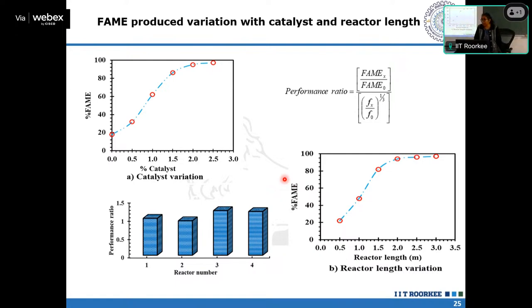We also optimized the length. We took reactor 1, gradually added single units of turns, increased the length, and came to the conclusion that this much length is the optimized length. After this optimization on reactor 1, only then did we take a further optimization through the insertion of the weir and the modification of the R by D ratio.